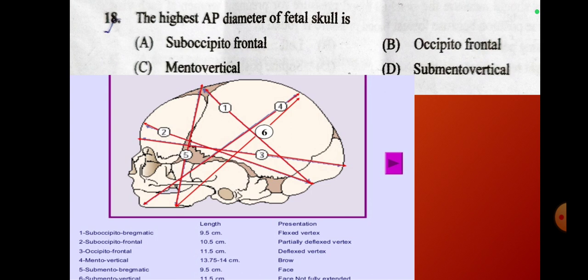Next, submentovertical, the length is 11.5 cm and the presentation is face not fully extended. So the highest diameter of fetal skull is mentovertical, that is 13.75 to 14 cm and the presentation is brow.